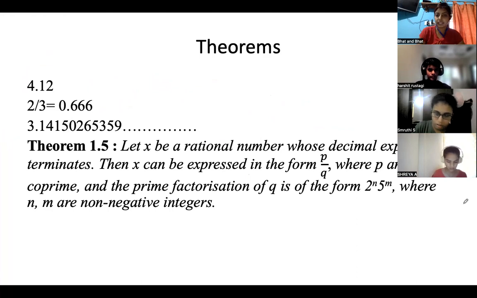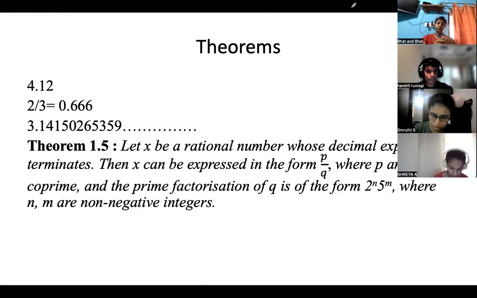Then x can be expressed in the form p/q, where p and q are co-prime, and the prime factorization of q is of the form 2 raised to n and 5 raised to m, where n and m are non-negative integers. Now, till here we have understood.